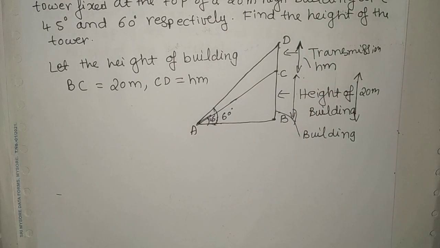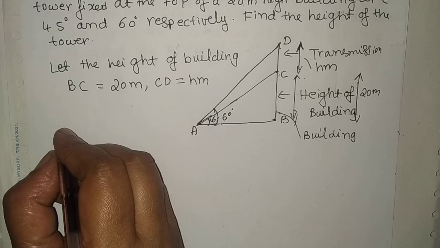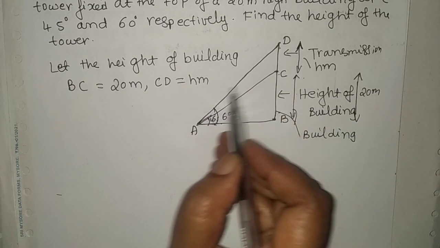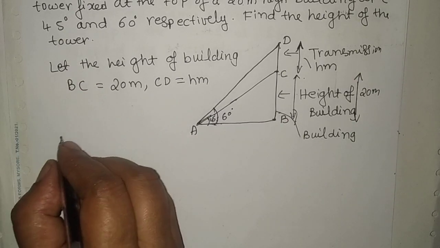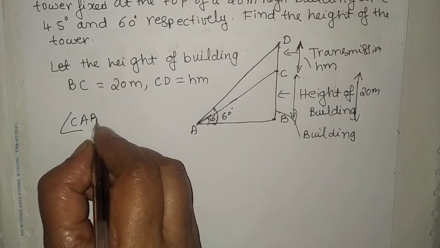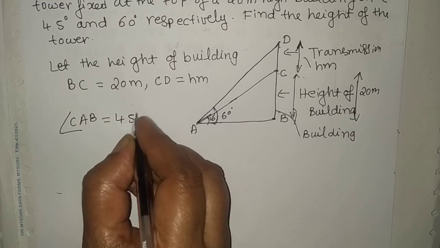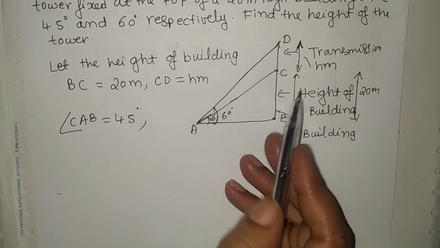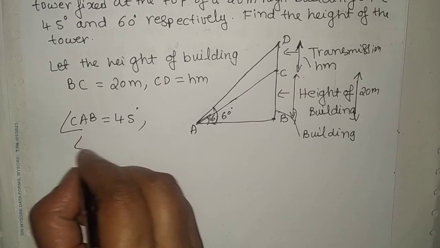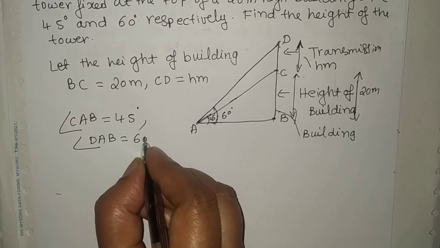We'll give it the name H meters. The bottom of the tower is C. Now angle CAB is equal to 45 degrees, and angle DAB is equal to 60 degrees.